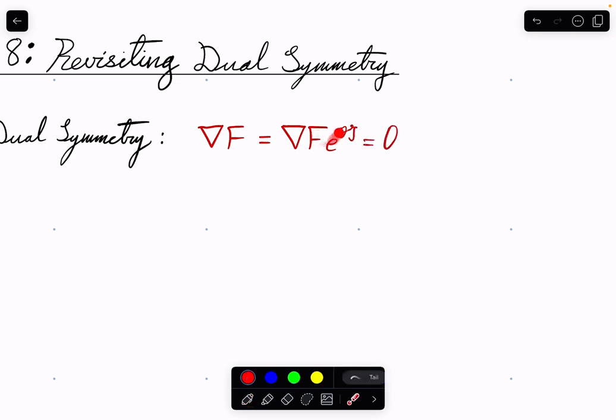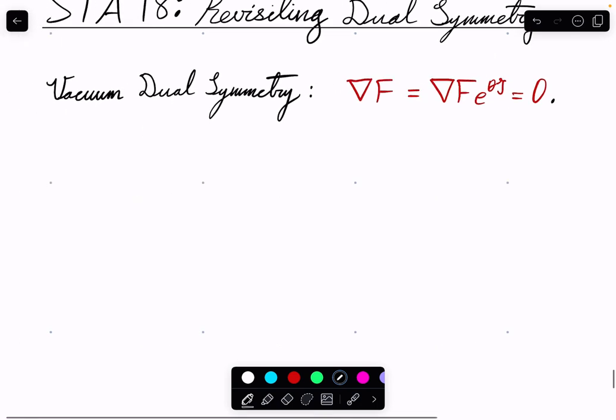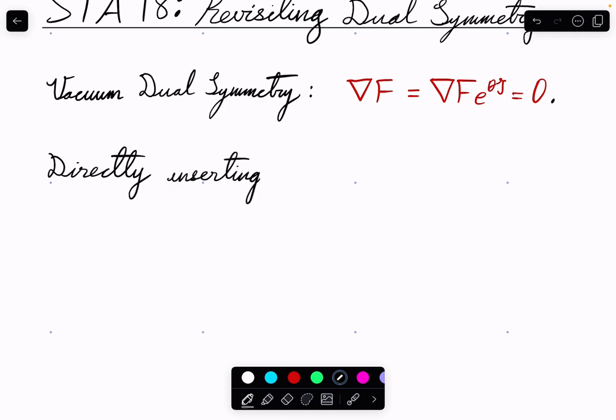Even if you mapped F to a different phase, the gradient of it would still be equal to 0. So this would be the symmetry. Directly inserting sources breaks this symmetry.